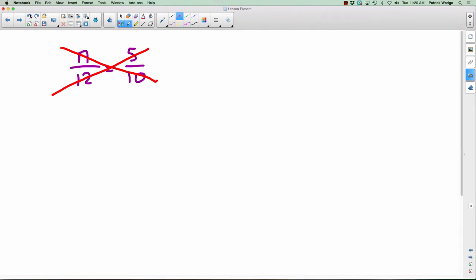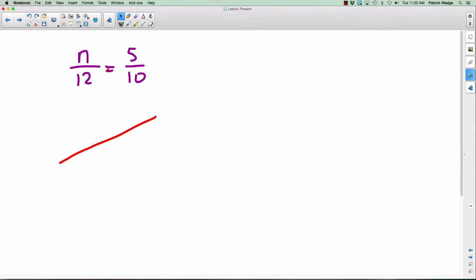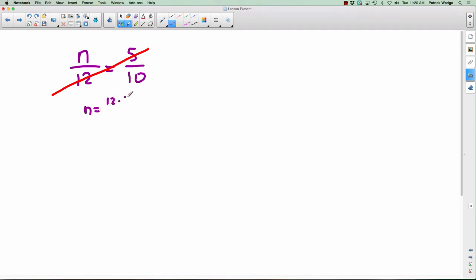I know both the numbers in this diagonal, 12 and 5. I do not know both the numbers in this diagonal because I just have the 10. I don't know what the n is. So what you do is you look for the diagonal where you know both the numbers, the 12 and the 5, and you're going to multiply them together. So n is equal to 12 times 5. But that leaves one number left over, the 10.